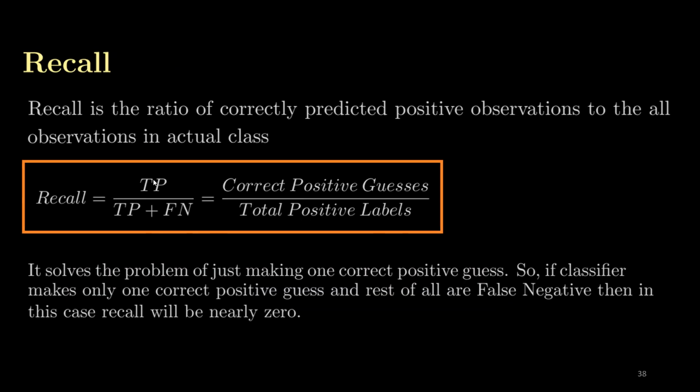Now if a classifier makes only one correct positive and the rest are all negative, then this quantity will become so large compared to this that our recall value will be nearly equal to 0. So the problem of precision is now solved with recall because we have added the representation of negative labels as well.